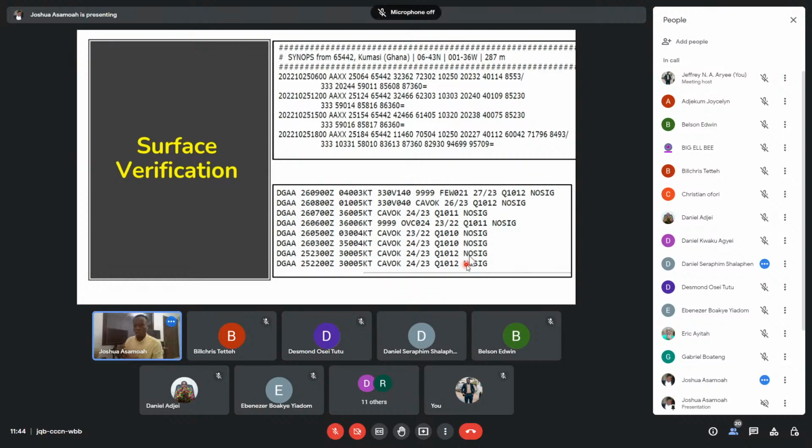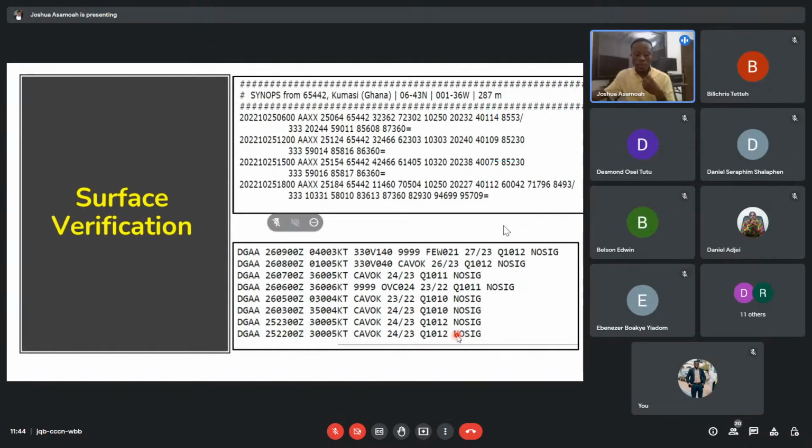Okay. So let me start with the visibility. Like I was explaining, there's a reference point at every station. At Kumasi Airport, for instance, I think they stand at the top where the Met office is within the tower building. That is where they do the observation from.